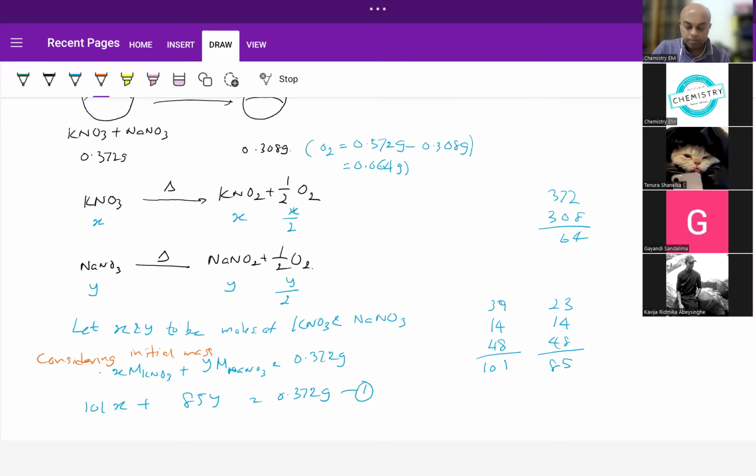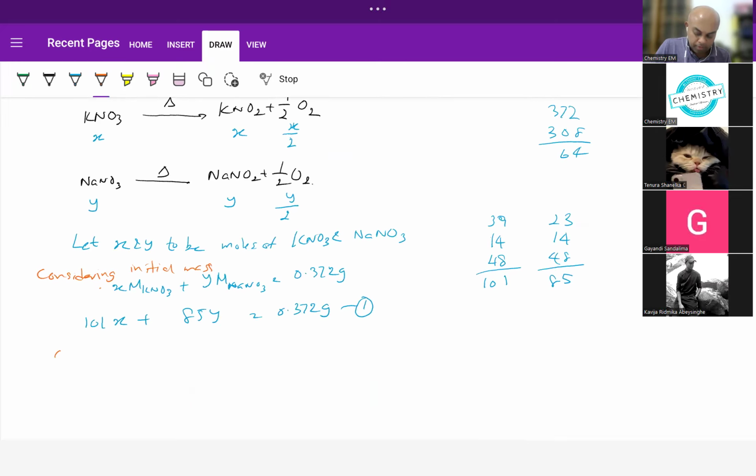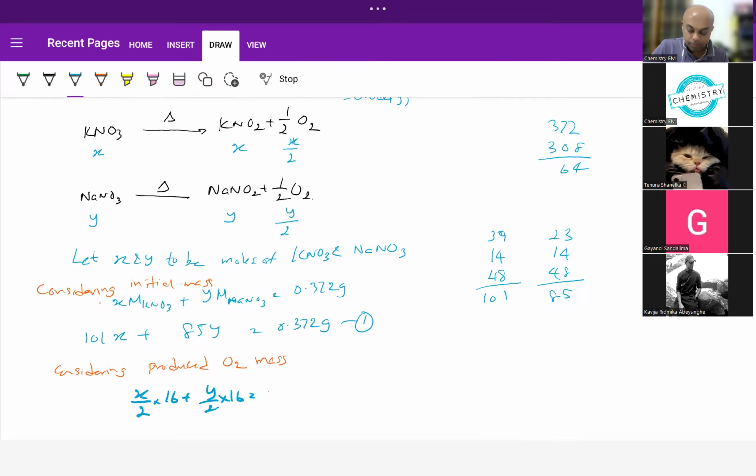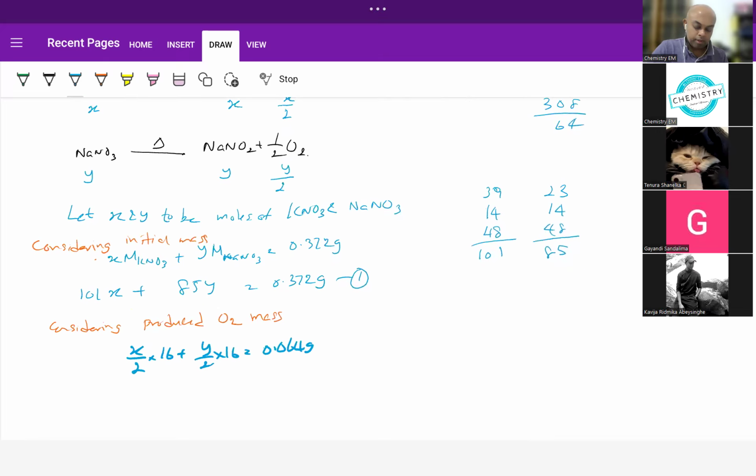But I will use the produced oxygen mass. Then I can write another equation like this: x divided by 2 into 16 plus y divided by 2 into 16 is equal to 0.064 grams, right?